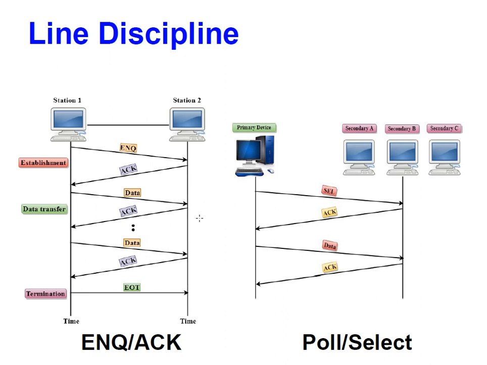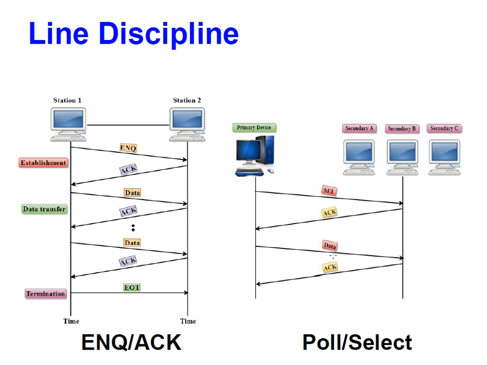After receiving the acknowledgement frame from the secondary device, the data is transmitted. Once the data is received by the secondary device and the acknowledgement frame is sent from the secondary to the primary device, the total handshaking is completed.